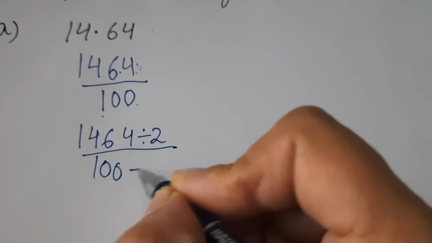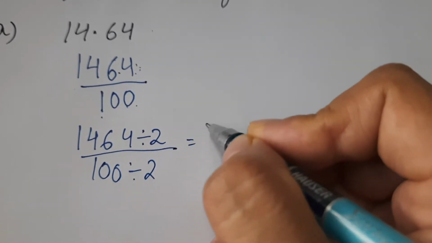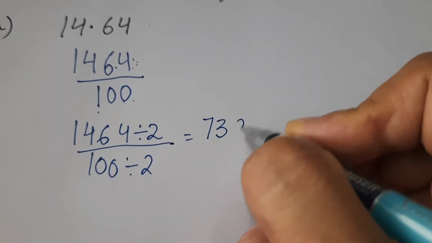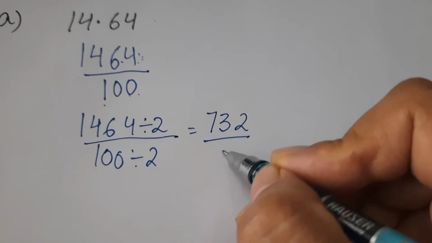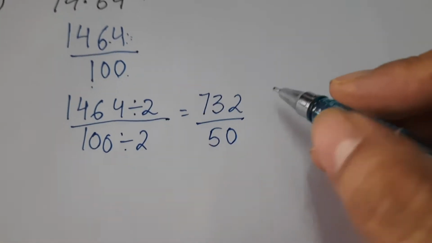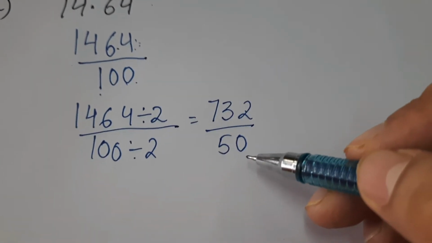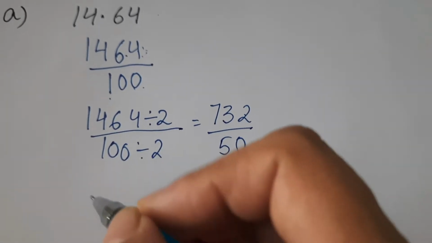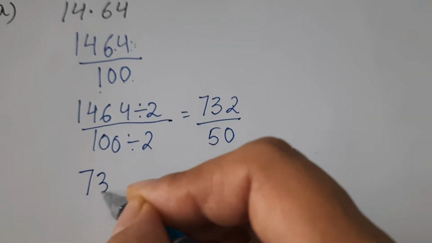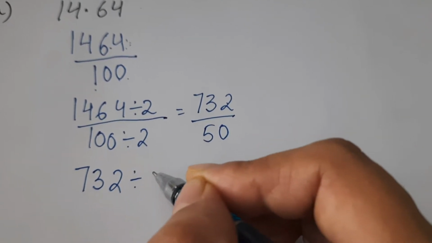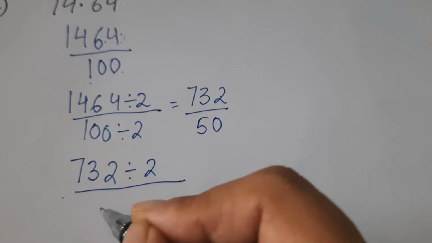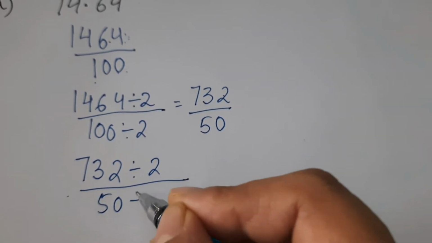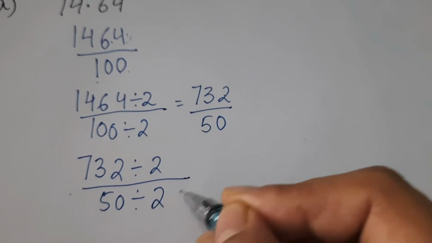So we can divide the numerator and denominator by 2. It will become 2 7s are 14, 2 3s are 6, 2 2s are 4 and 2 50s are 100. Again 732 and 50 both are even numbers, so we can further reduce it. Divide 732 and 50 by 2 again.